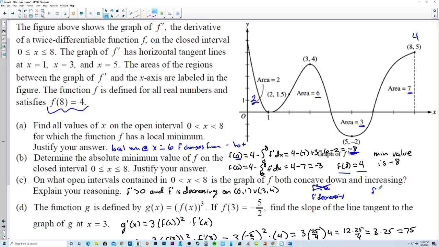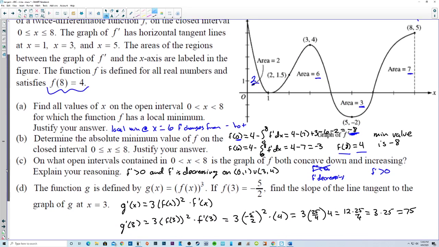So where is f prime greater than 0? Explain your reasoning. So I say f prime is greater than 0 and f prime is decreasing on 0 to 1. So f prime is decreasing and positive on 0 to 1. And then the other place is 3 to 4. Now you can't go 3 to 6 because the derivative ends up being negative from 4 to 5. 1, 2, 3, 4. Yeah, 4 to 5. So 3 to 4.